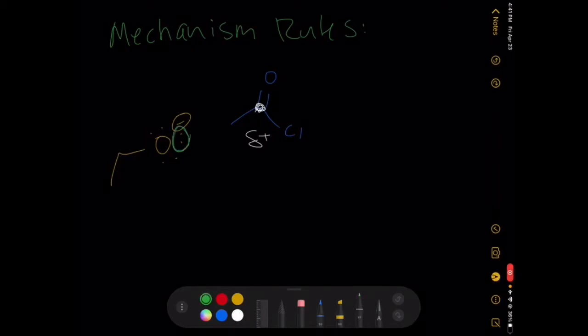So you will go from the oxygen, because it has lone pairs, it's electron rich, to that partially positive carbonyl. And this is how you would draw the curved arrow. You want to make sure that you always go from electron rich to electron poor, not the other way around.